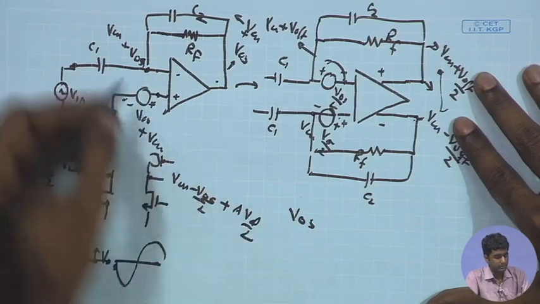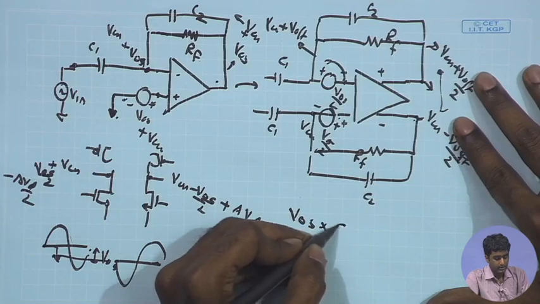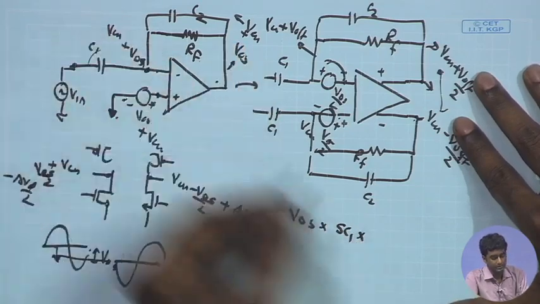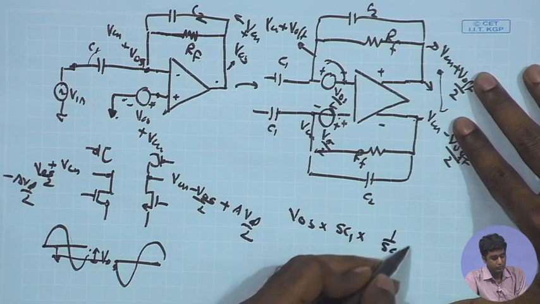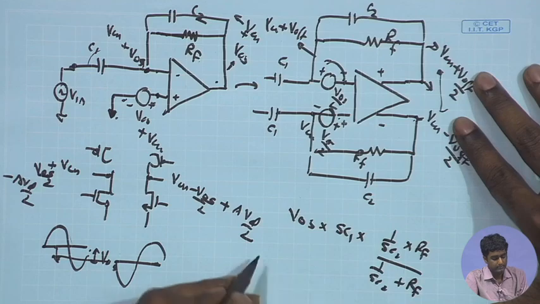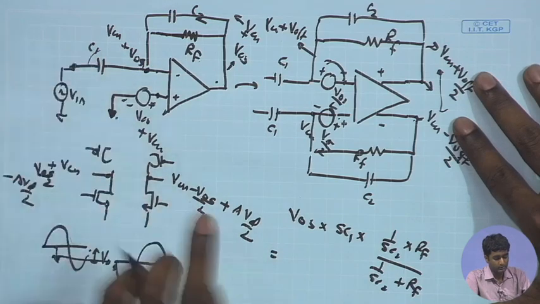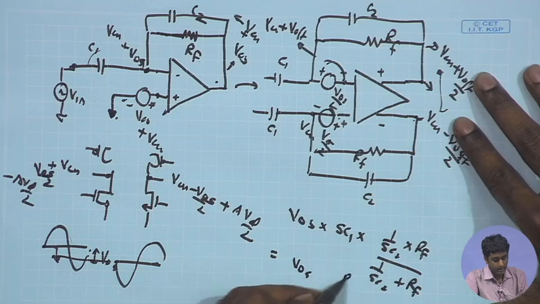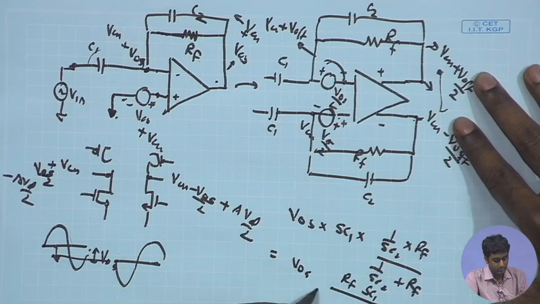Then V offset divided by 1 upon SC1 is the current flowing into this, multiplied by the Z of this, which is 1 upon SC2 parallel RF, plus RF coming in. This is the output because of V offset only, and as a result we have V offset times RF SC1 upon RF SC2 plus 1.